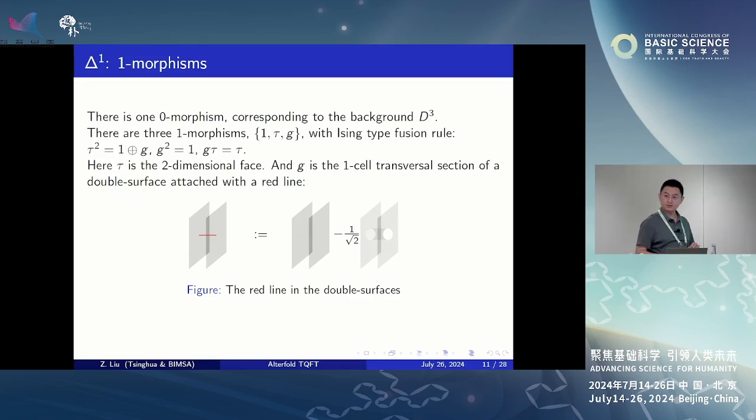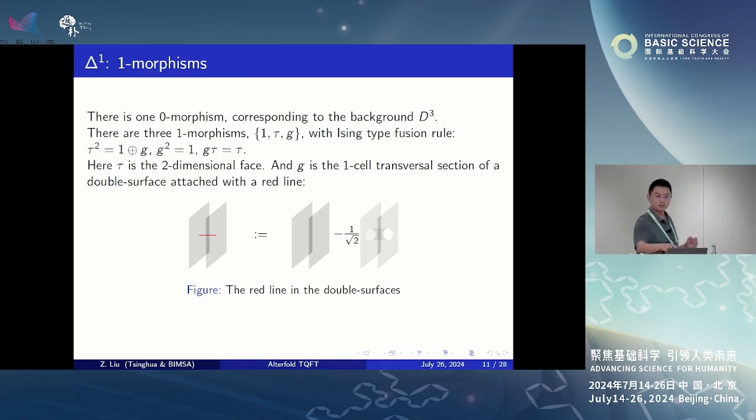For the 2-dimensional case, we may have 2 disks that are disjoint, or they are connected by a tunnel. Then this algebra is 2-dimensional, so we get 2 projections. One is the identity, and the tunnel is another projection. Their difference, we call the projection G, labeled by the red line.